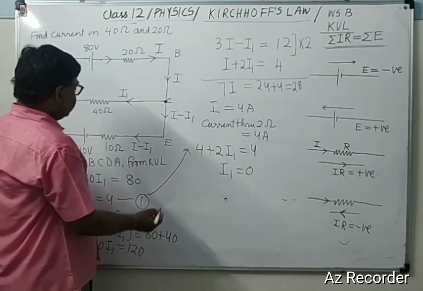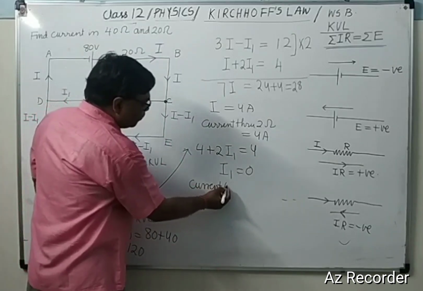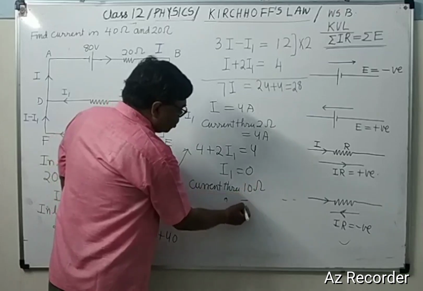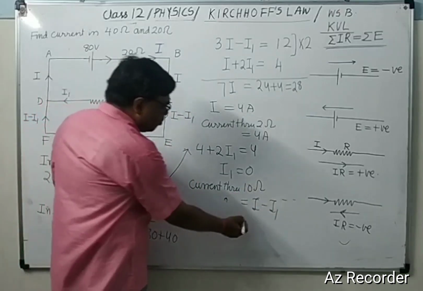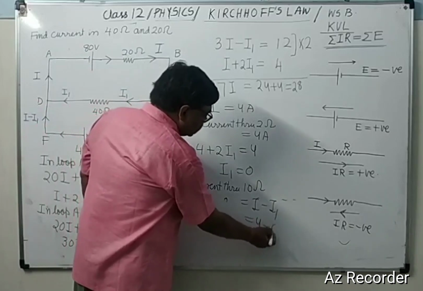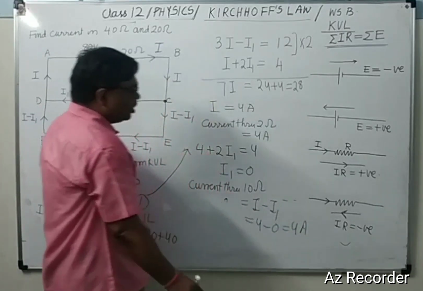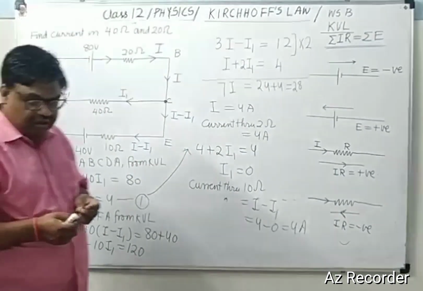So what is the current through 10 ohm? It will be equal to I minus I1. What is I here? 4. I1 is 0, so it equals 4 ampere. It's clear? It will be equal to 4 ampere.